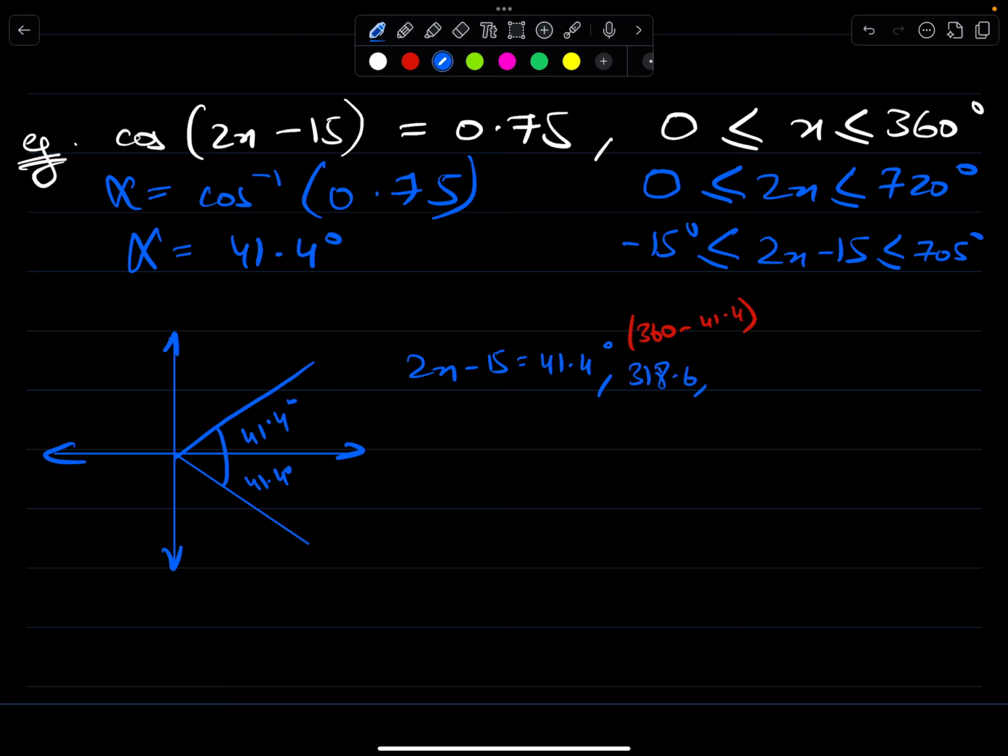In the last two answers, it's the first two answers plus 360. So 41.4 plus 360 and 318.6 plus 360. Solving for the right hand side, we have something like this.